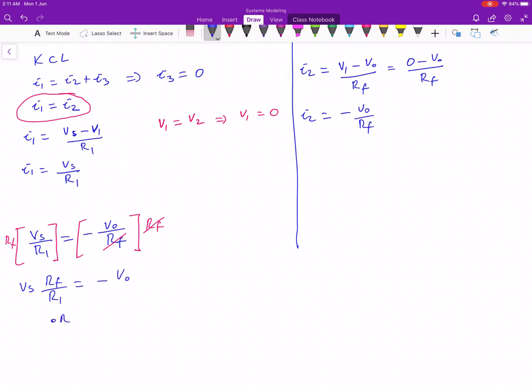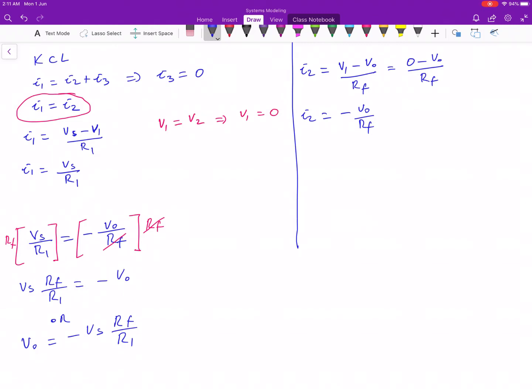Or we can say that V naught is equal to minus Vs Rf over R1. So now when we did the analysis, we found the equation of our output voltage. And we say that our output voltage is minus Vs Rf over R1.